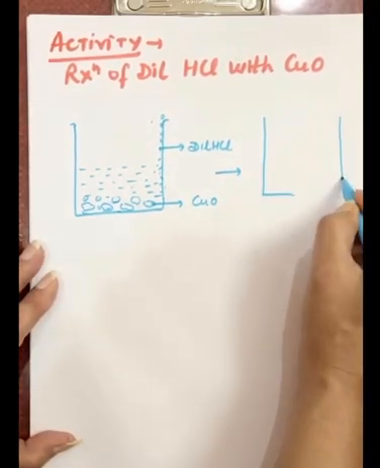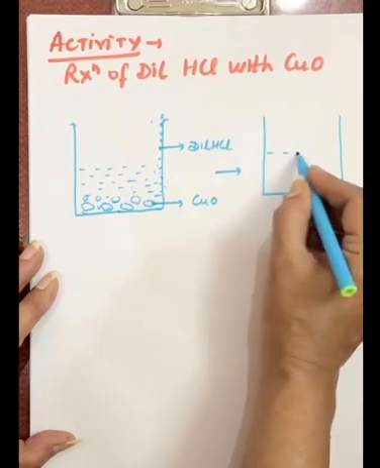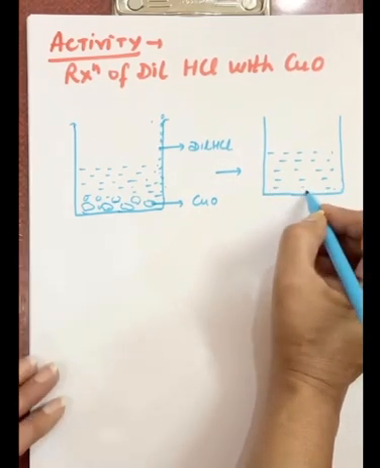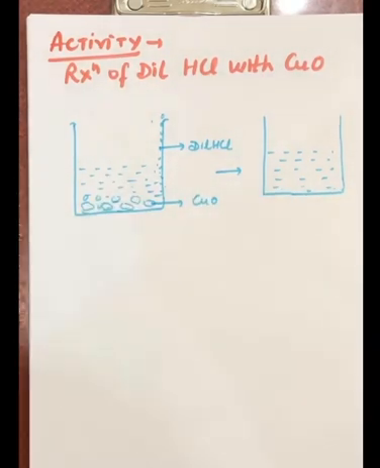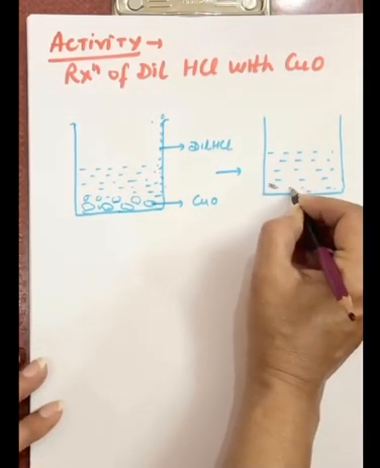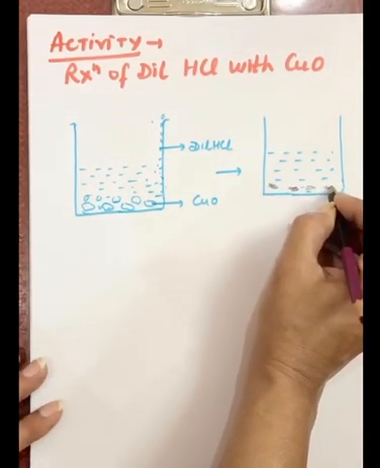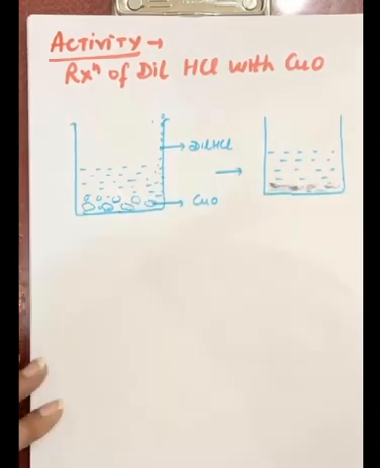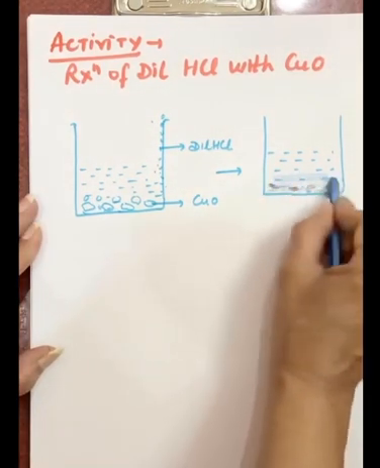The two will start reacting. This is dilute HCl we have added. It has reacted with the copper oxide, and we will see that copper oxide here has reacted, and this whole solution now will become blue in color.